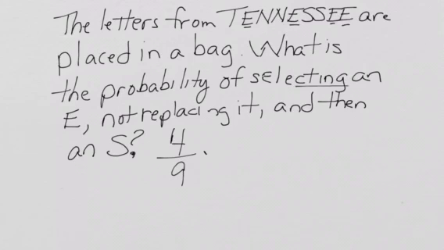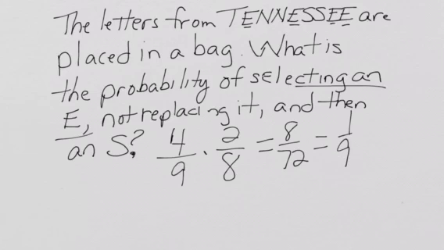So that takes care of selecting an E. Now we don't replace it, and we're going to select an S. Well, there are 2 S's, but now since we did not replace one of these, it's going to be out of 8. So if we multiply this across, we should get 8 out of 72, or 1 out of 9.